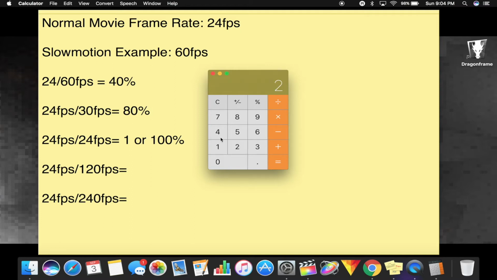You would go 24 divided by 120, and you'd get 20%. That's how slow it would be. 20% of the video, and it would look like normal movie frame rate. If you did 24 frames per second divided by 240, you could go 10%, and it would look like a normal movie frame rate, and that's called slow motion camera.